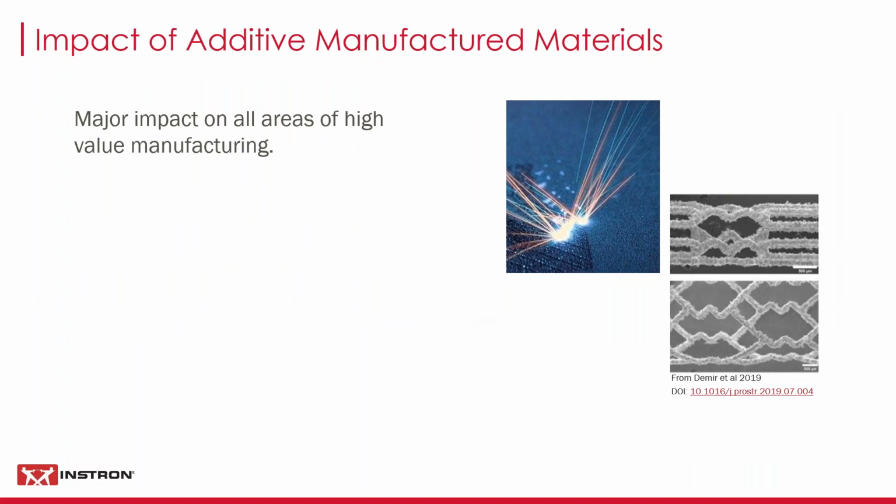Finally, then, what else is shifting? Very much the hot topic of the last year or so in all types of high-value manufacturing has been additive manufacture. Those who are less familiar will have come across the idea of 3D printing.